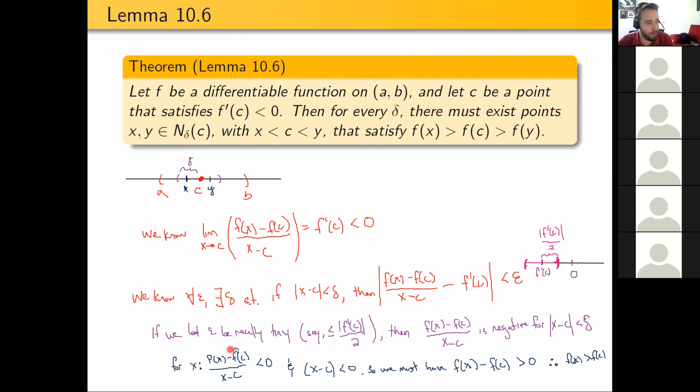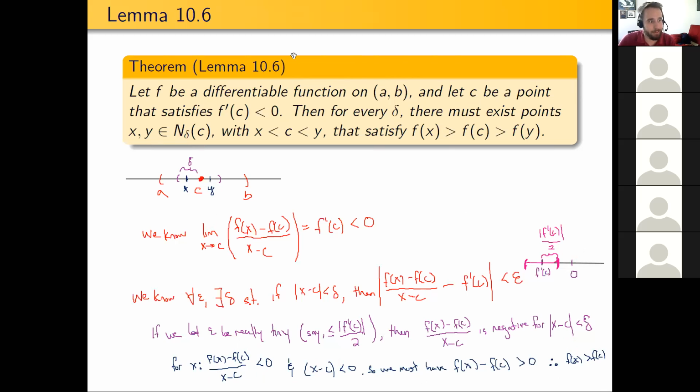And we can do a similar argument for y as well. So if we've got f of y minus f of c over y minus c, that should be negative. But y minus c in that case would be positive. And so it must be the case then that f of c is bigger than f of y.